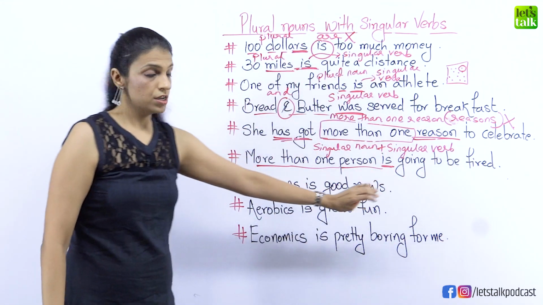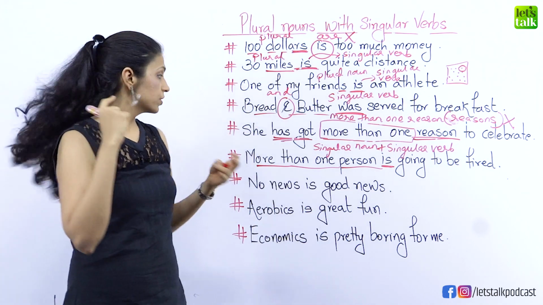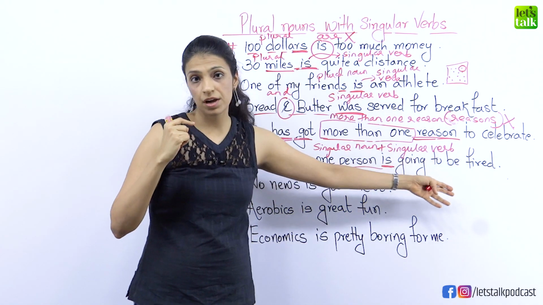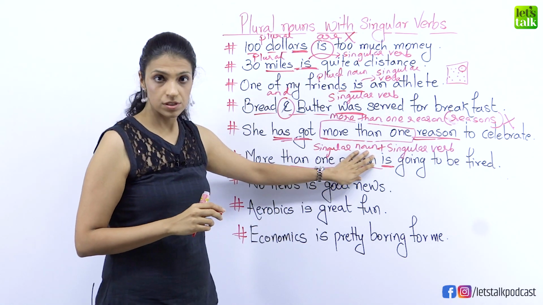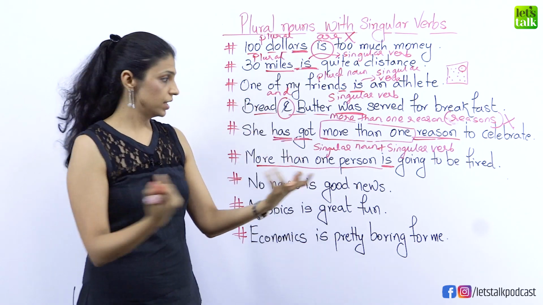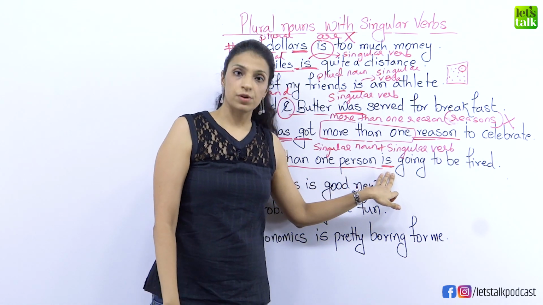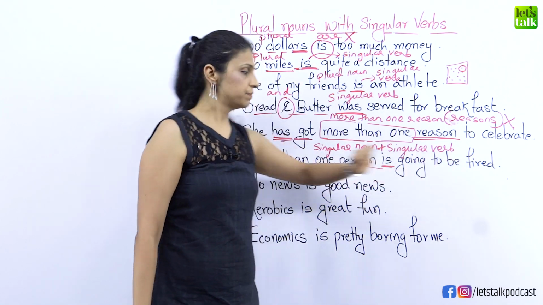Going to be fired. So, I have not said more than one people are going to be fired, more than one people is going to be fired. This is how the expression is, more than one noun, singular, though it implies plural, okay, because we are talking about more than one, followed by a singular verb, okay. So, remember this, more than one, singular noun, singular verb.